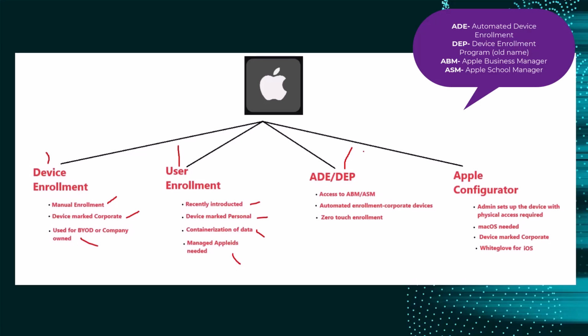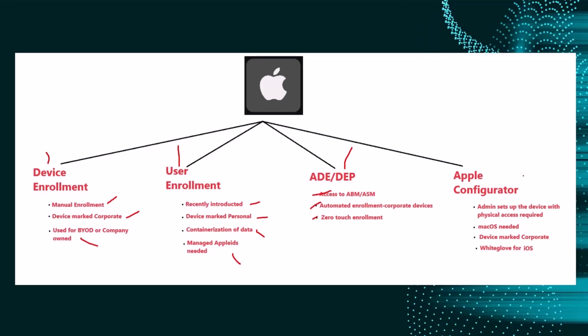If you are an organization, it's going to be ABM or Apple Business Manager. If you are a university or school, it's going to be ASM or Apple School Manager. So this ADE or DEP method of enrollment requires access to ABM or ASM. It's a zero-touch enrollment and it is used for enrolling corporate devices.